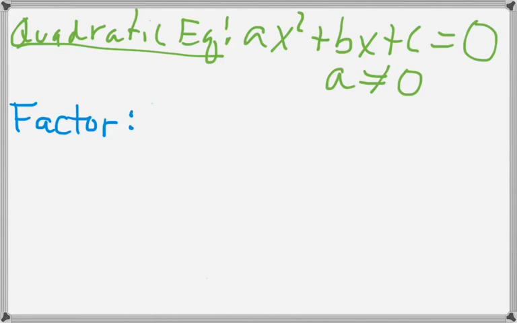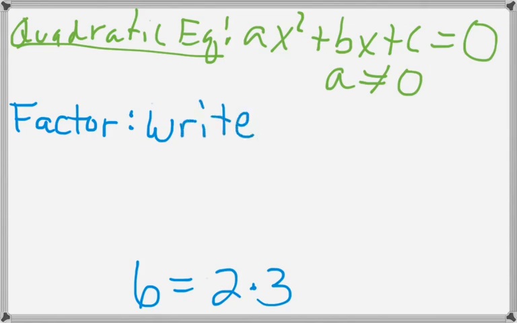Like 2 and 3 are factors of 6, because 6 is equal to 2 times 3. So if we were going to factor the number 6, we could do that by writing it as 2 times 3. So when we say we're going to factor something, it means we're going to write it as a product, meaning we're going to write it with multiplication.